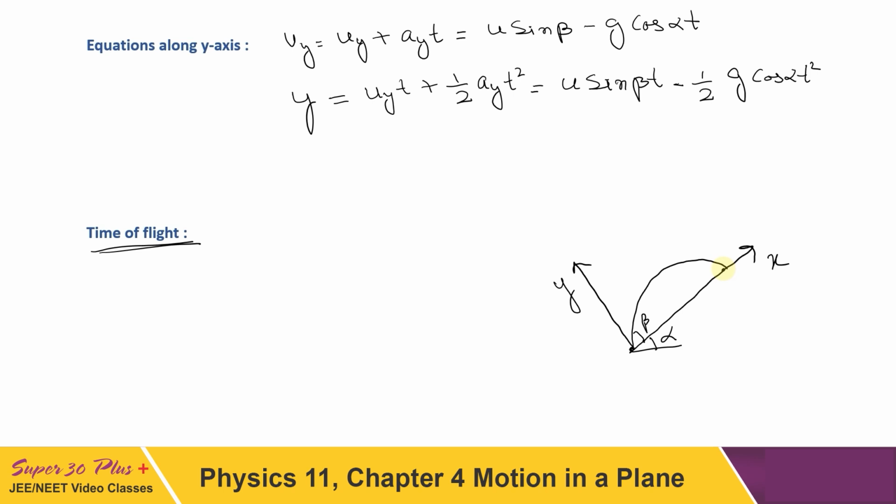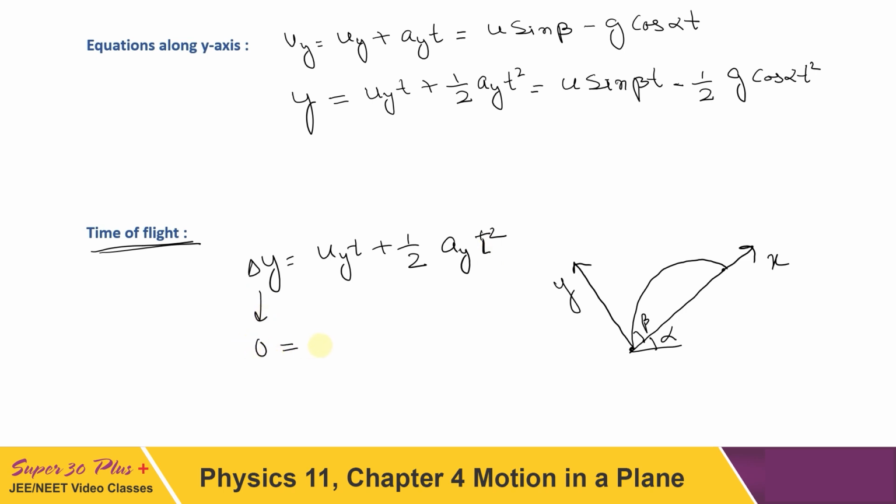So since initial and final positions are lying on the x-axis, the y displacement for this entire journey we can write as 0. And I am writing here the y displacement, that is delta y is equal to uyt plus half ayt square, where t can be taken as time of flight. So if t is time of flight, then delta y reduces to 0.